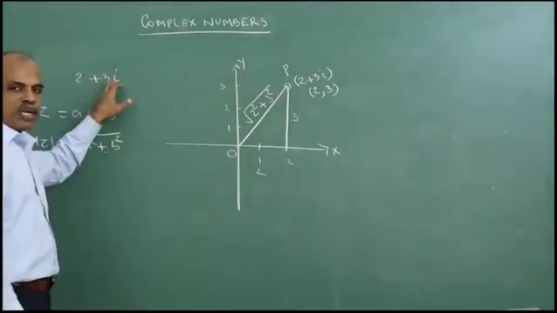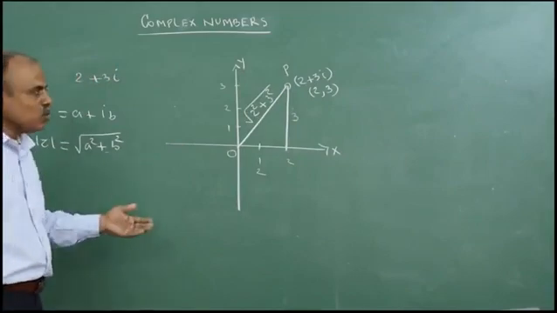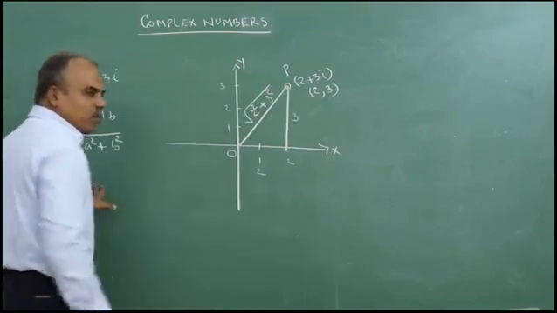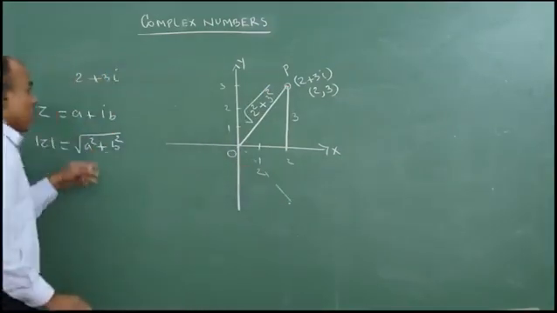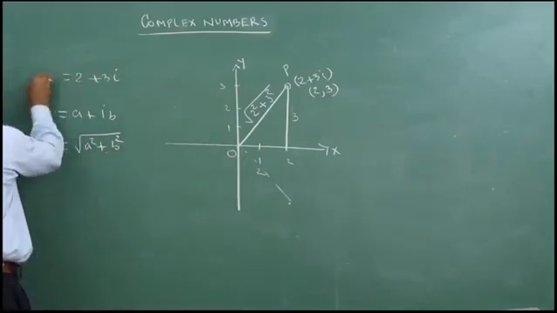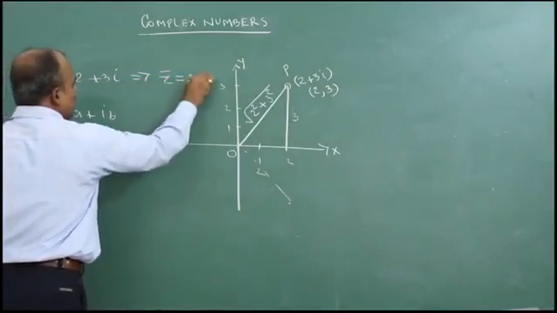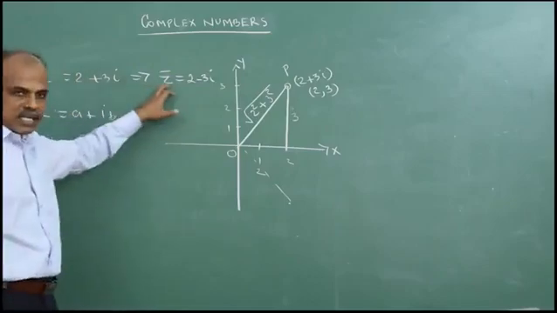Similarly, not only 2 plus 3i, suppose you take 2 minus 3i. It exists just opposite to that, below the x-axis. If z is 2 plus 3i, then z bar is 2 minus 3i, the conjugate of z.